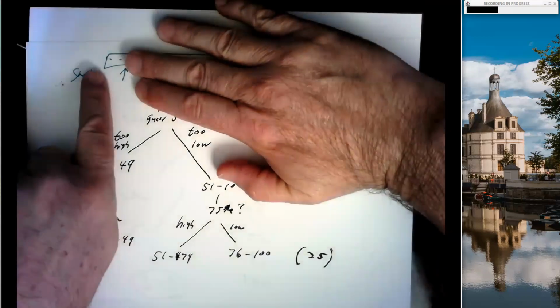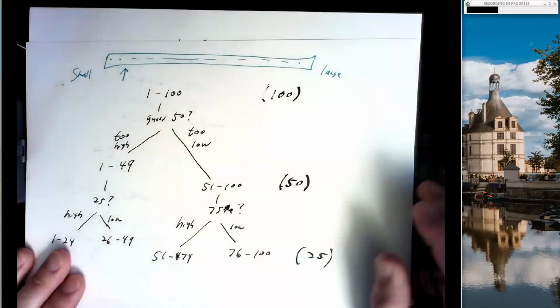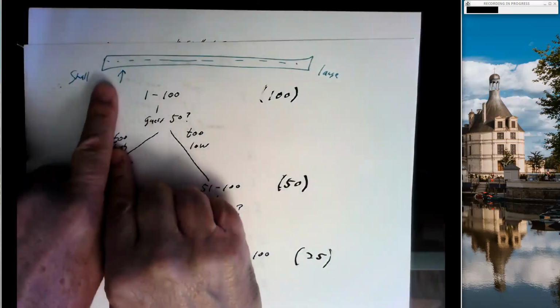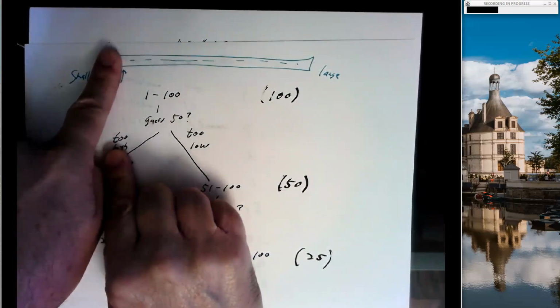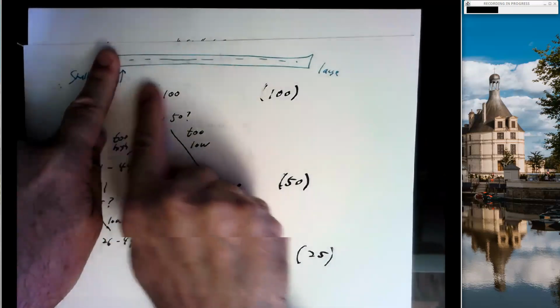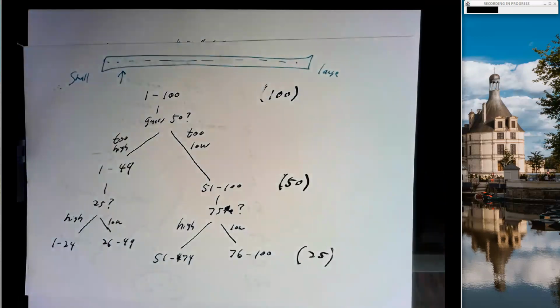Their number is somewhere between here and here. And it's only going to take me a few guesses. But if I get unlucky and I say, is your number here? And they say that's too small, all I've done is removed this little tiny piece of the problem. And now I'm playing a game where I'm saying, okay, your number's somewhere between here and here. And I've only reduced the problem by a little bit.